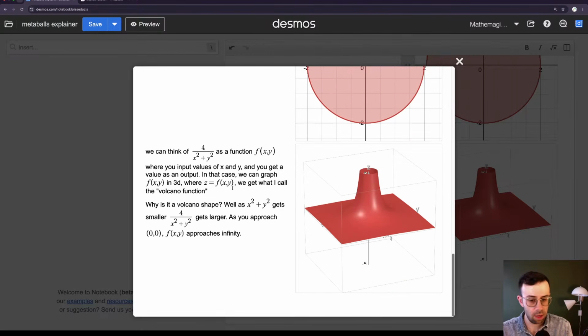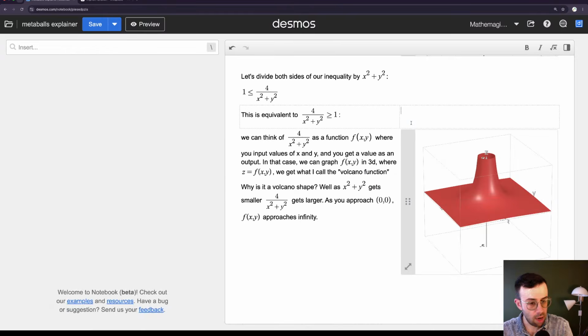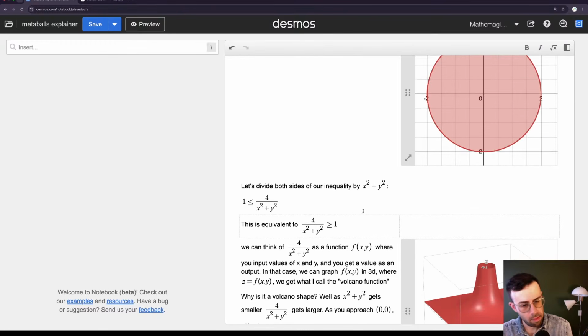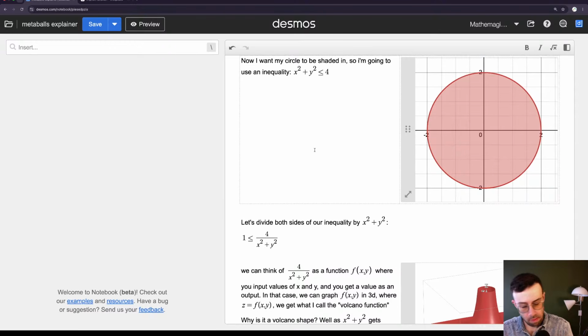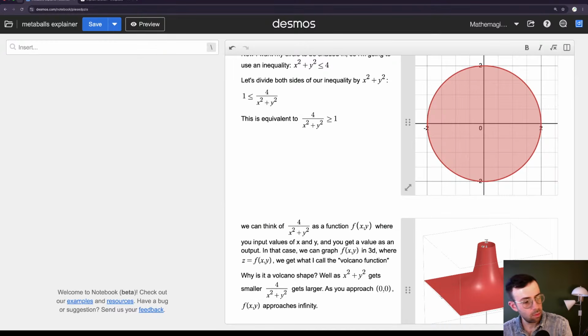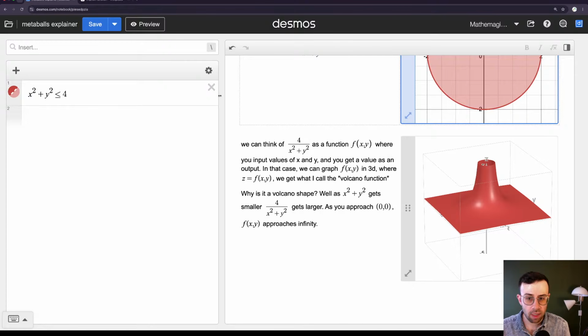That looks much better. Okay, cool. Let's just delete this graph. We don't really need it. Okay, this is looking pretty good so far. It's kind of what I was imagining.